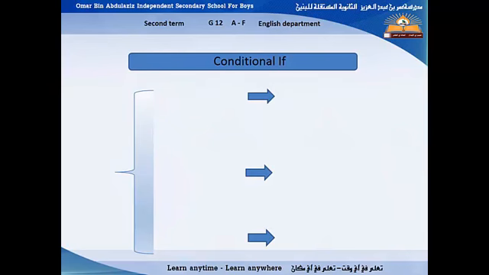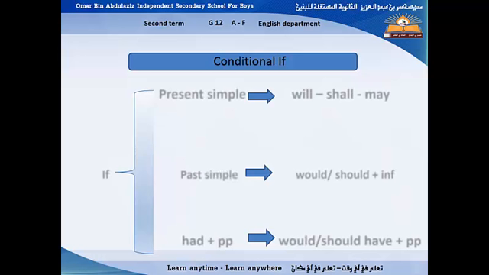As known, if should be followed by two sentences, and we got three main conditionals for if. The first conditional is if followed by present simple tense and then future simple tense.